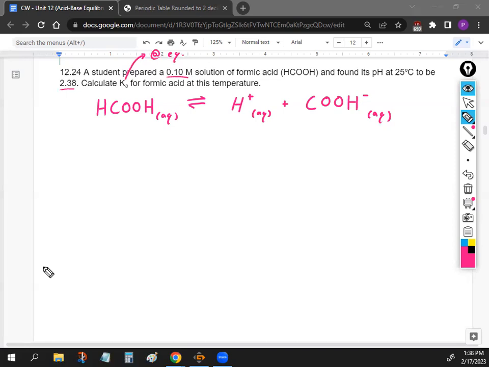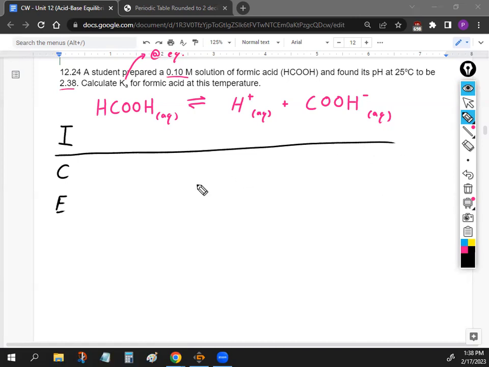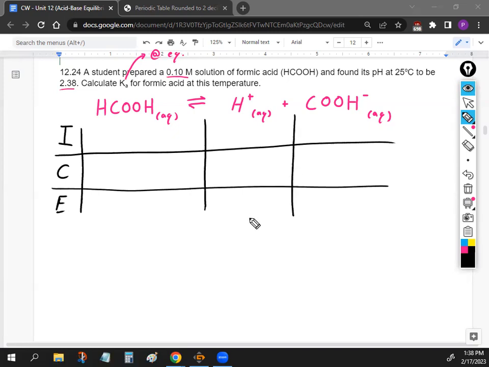Yeah, equilibrium, but what do we use to find equilibrium concentration? Yeah, ICE tables. Exactly what you said. ICE tables. Okay, but yes, that's absolutely correct.